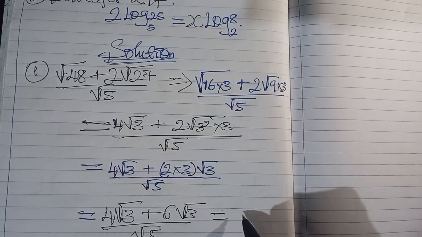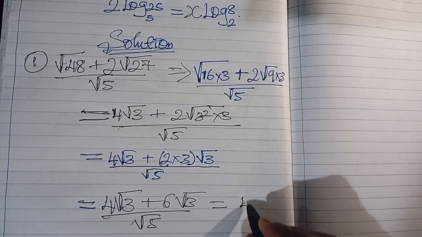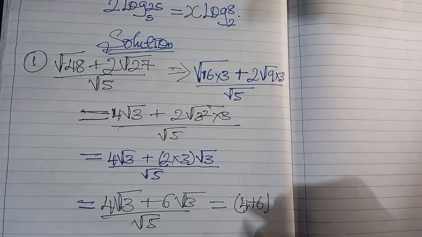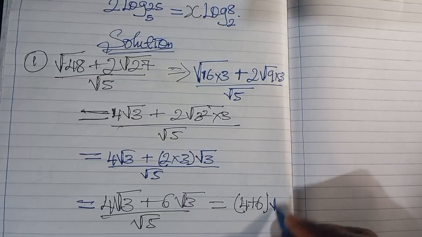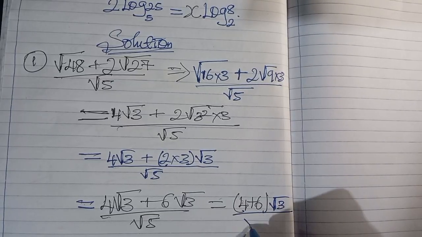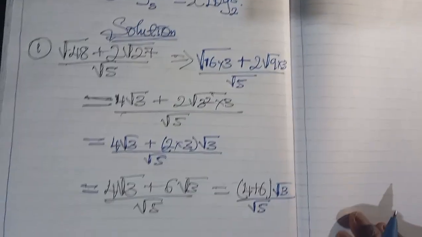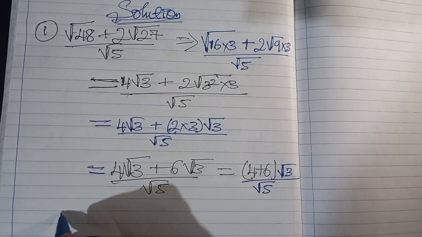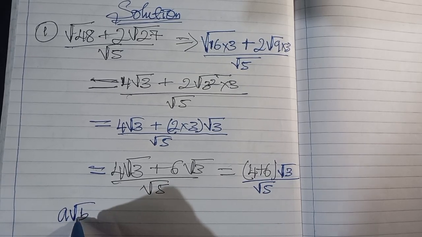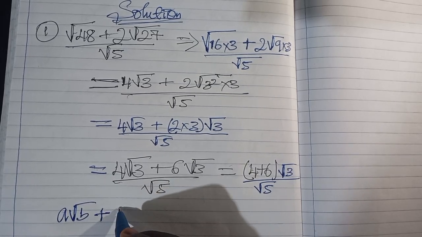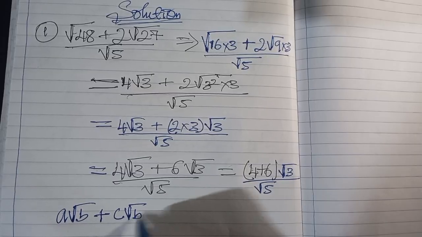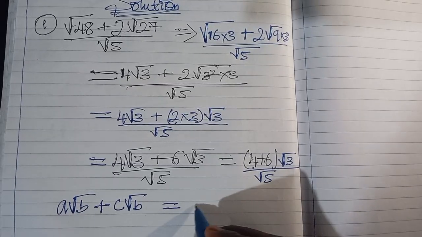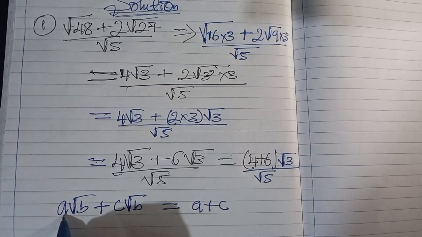This is equal to 4 plus 6 root 3, all divided by root 5. Remember in surd, when you have a root b plus c root b, it will be equal to a plus c.